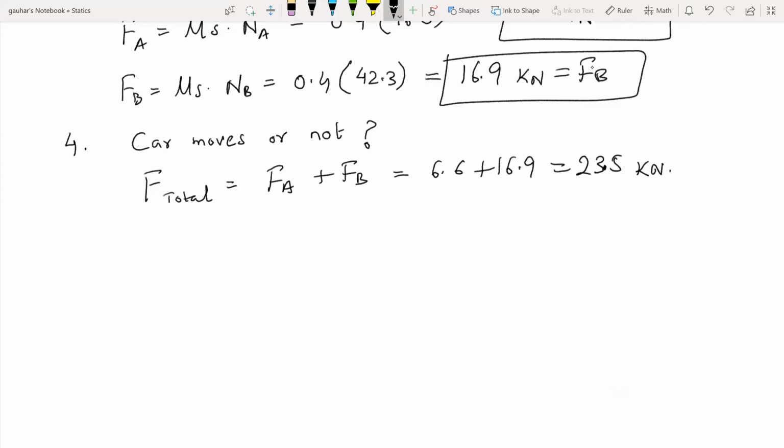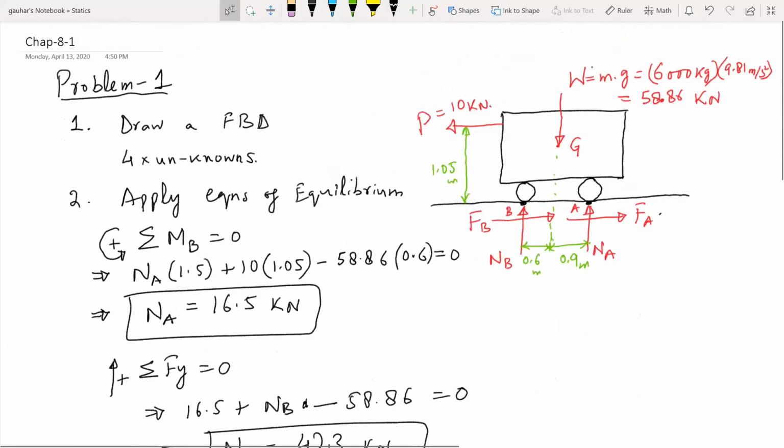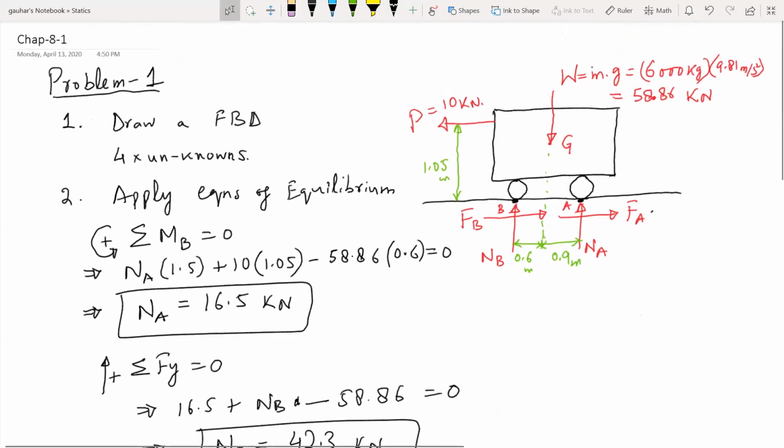Now, if you look at the free body diagram, FA plus FB is 23.5 kilonewtons, right? And the applied force in the negative x direction, the force P, is 10 kilonewtons, right? So the applied force is less than the friction force.